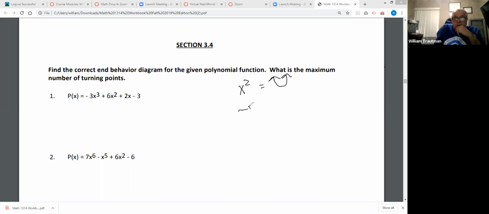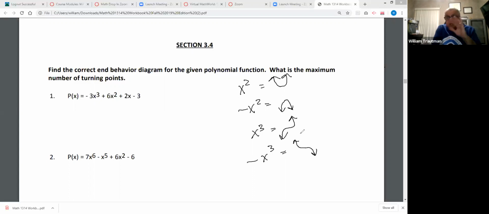If we see a negative x squared, we know the graph is a parabola, but it's upside down. x to the third looks like this. Negative x to the third looks like this. So it just flipped the other way there.